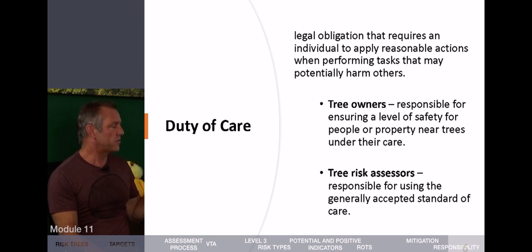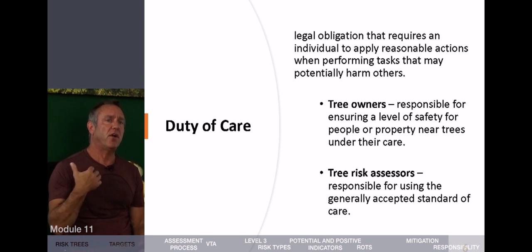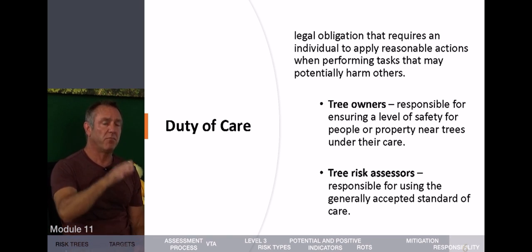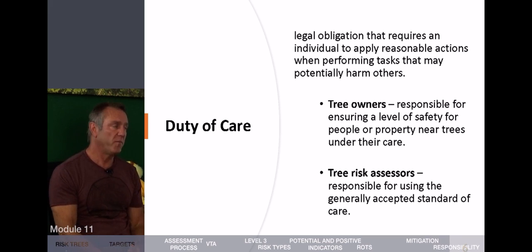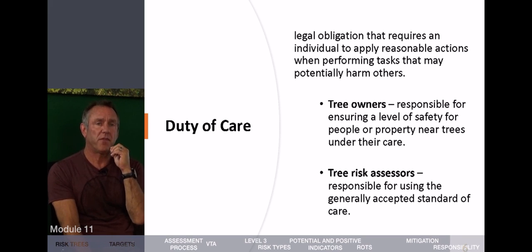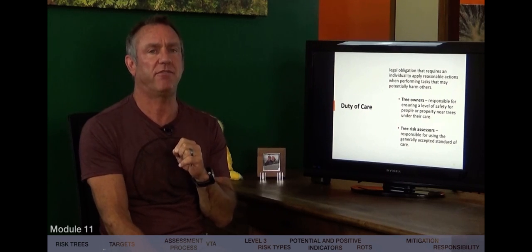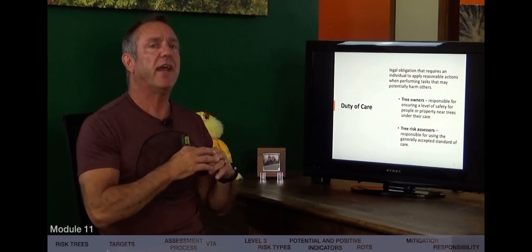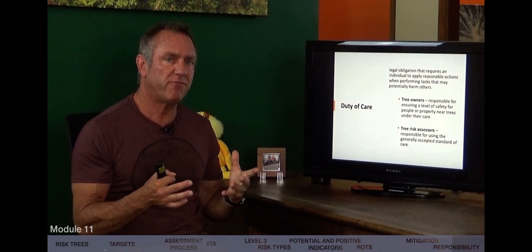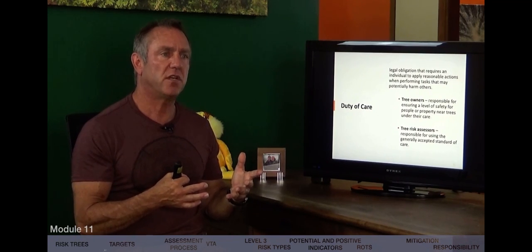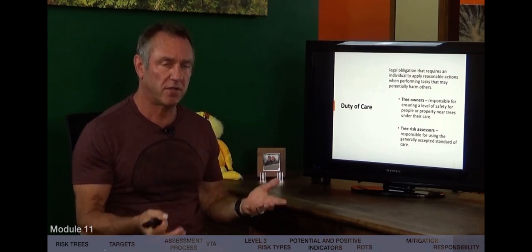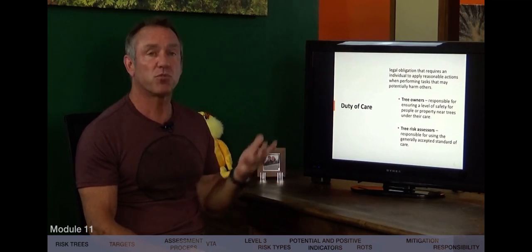So for example, tree owners, if I park my car under a tree at a friend's house and a branch falls, goes through my window, what the legal system's going to try to determine is, was a reasonable duty of care exercised to keep that tree safe. So again, everybody has a duty of care in some form or fashion.